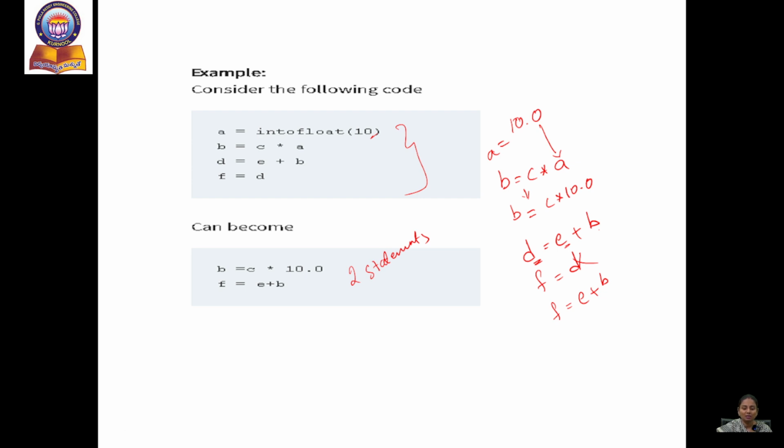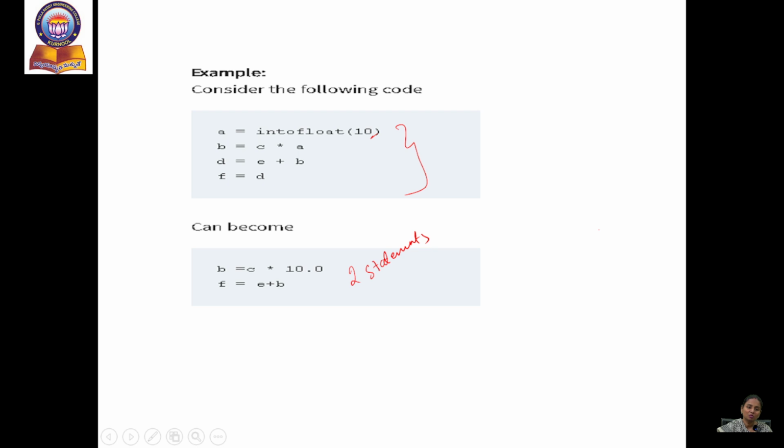Like this we can reduce the statements to make the compilation efficient, and we can improve the speed of the compilation also. So if any statements are unreachable, or unnecessarily written twice, or variables are declared but not used in the program, those variables or statements can be identified and removed by using code optimization.